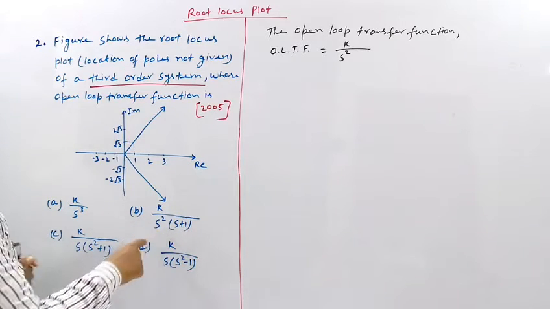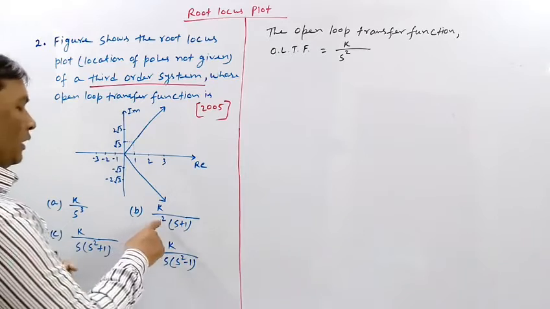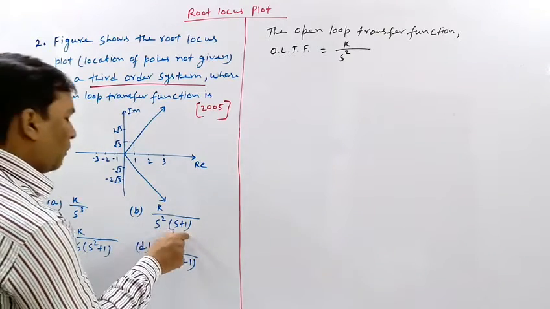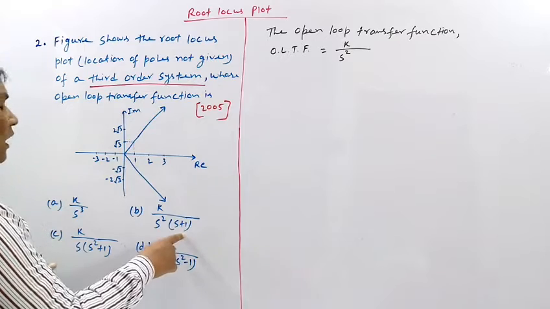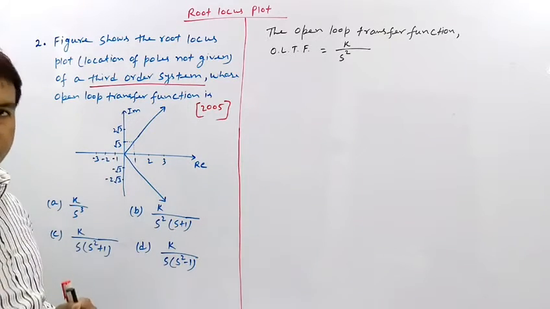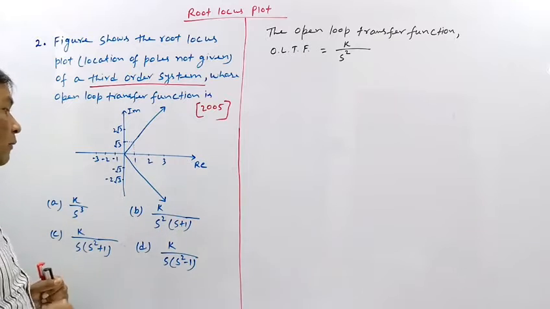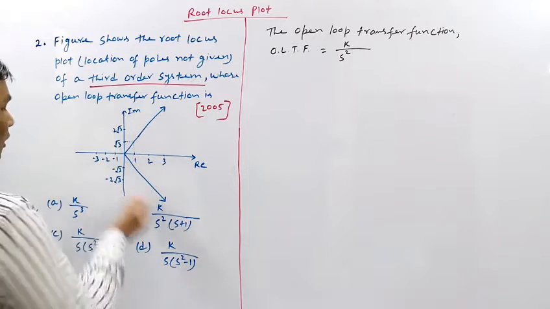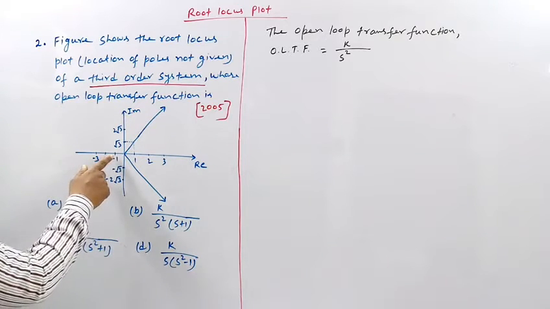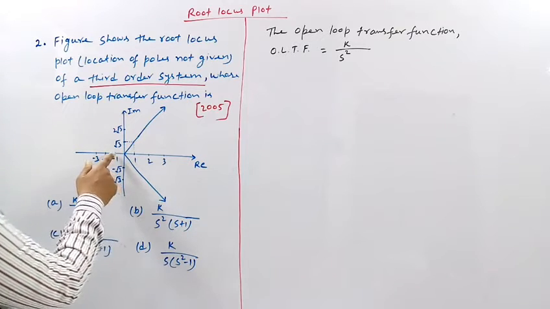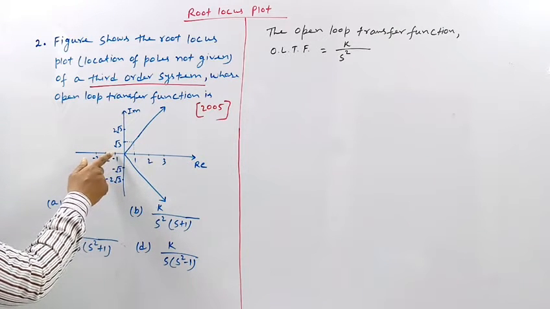Here the next term is s plus 1, and here the next term is s. So let us see which one is correct. If this is correct, then the other pole must lie on s equal to -1, and it will also go to infinity, because there is no zero, along this line.